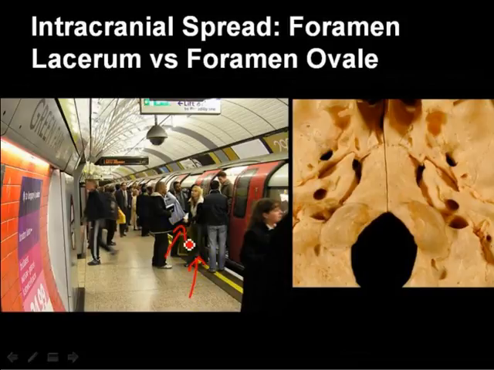You can travel very quickly along the nerve. So, although this is further away, it provides a much easier route of transportation for malignant cells. And we know that perineural spread in the head and neck is a very common phenomenon because it provides a very easy route for movement.